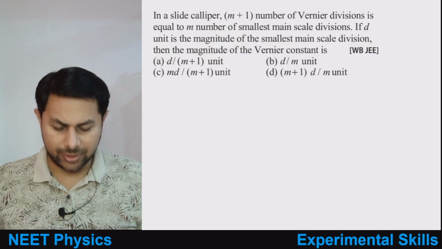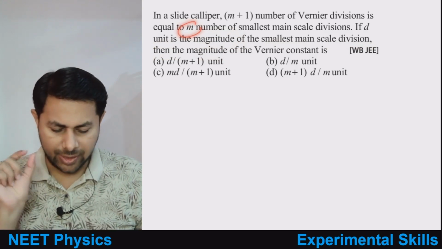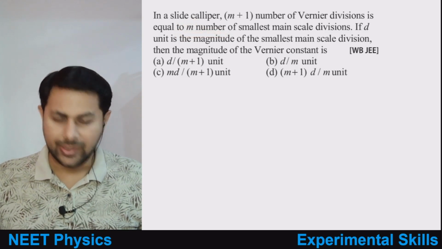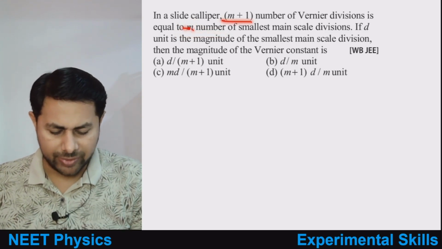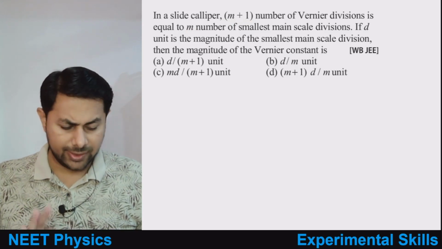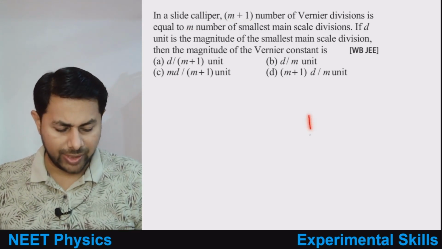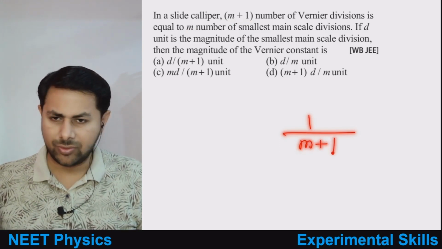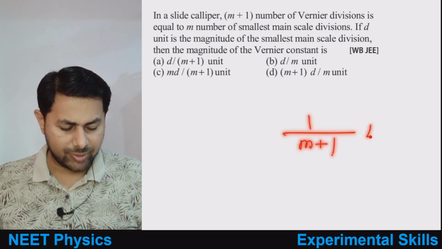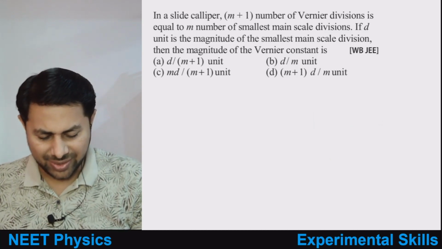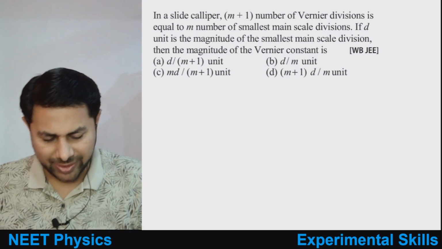In this case also, see the difference between the number of divisions of the vernier scale that are matching with the number of divisions of the main scale. It's 1. Then the least count would be equal to 1 divided by the number of divisions on the vernier scale, which is m plus 1, times the MSD.